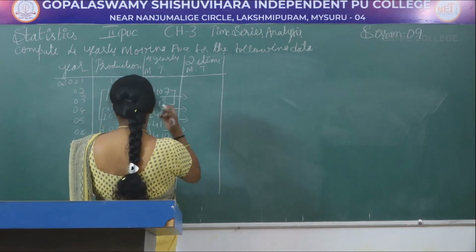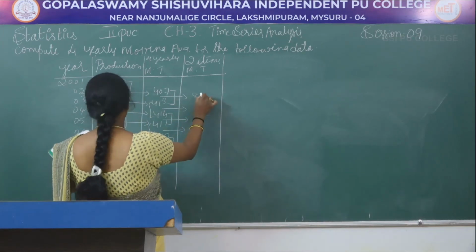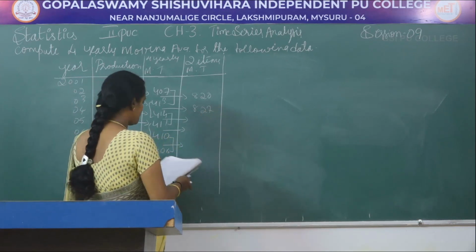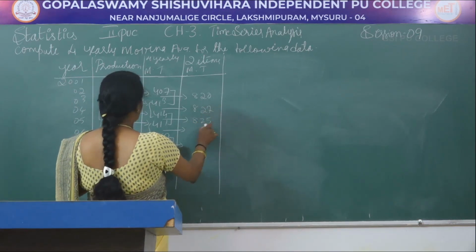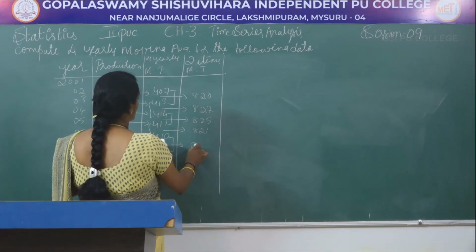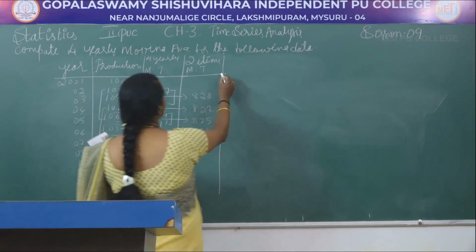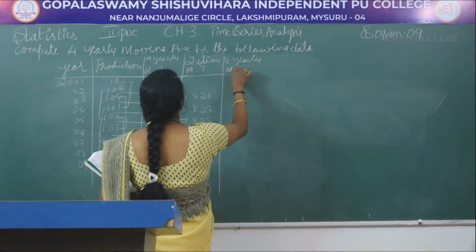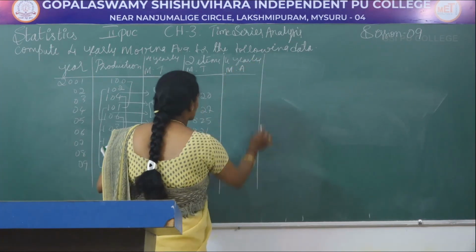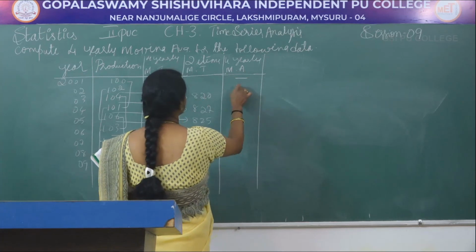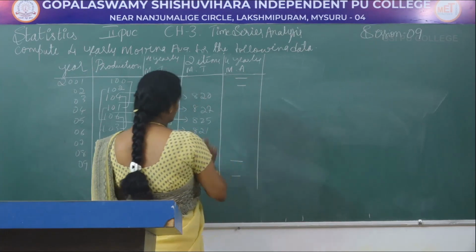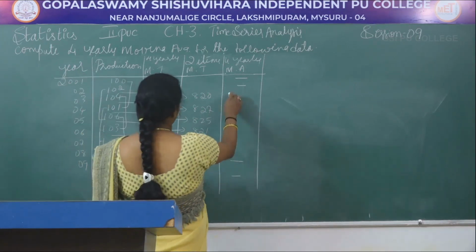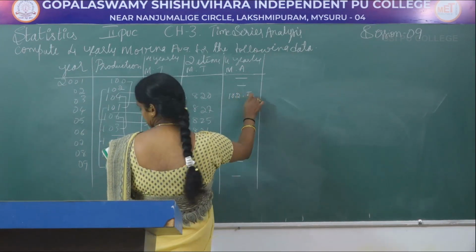So if I add numbers, it is 820, 827, 825, 821, 816, and the last column is 4-yearly moving average. In the last column you should divide this. First 2 and last 2 years will be blank. You divide this column by 8 so that you will get the trend values.